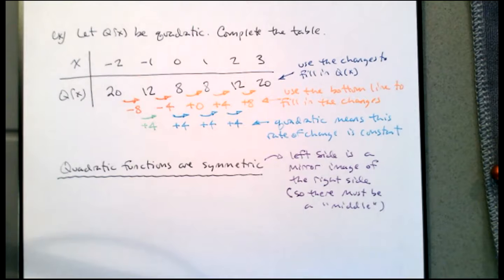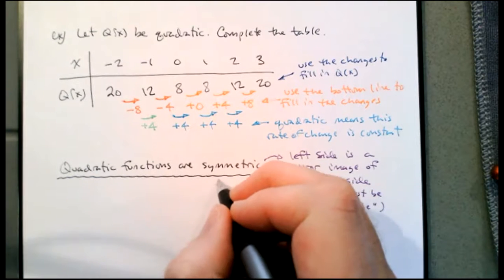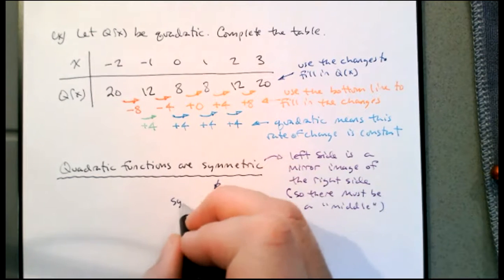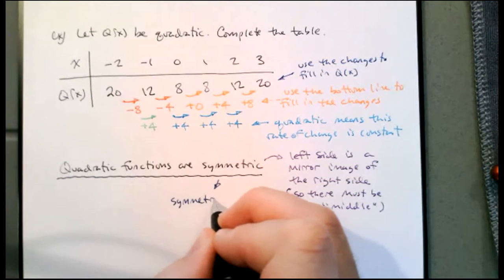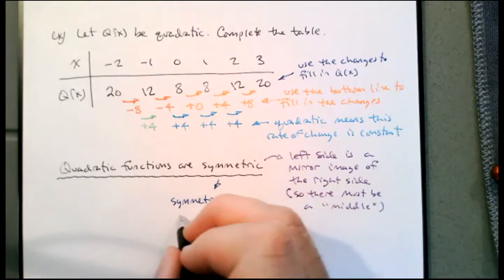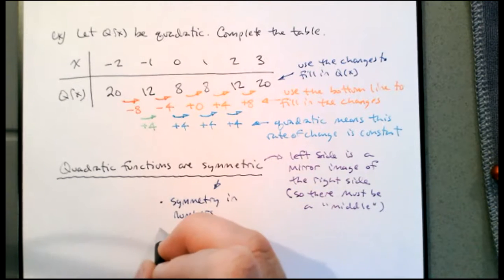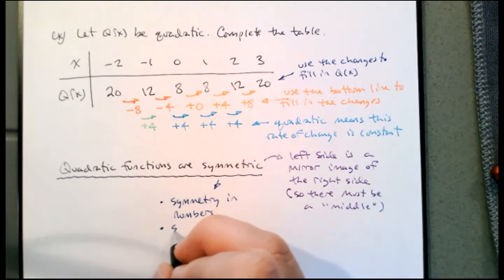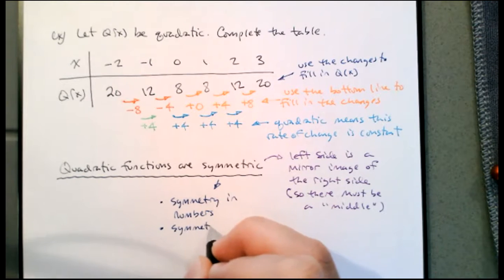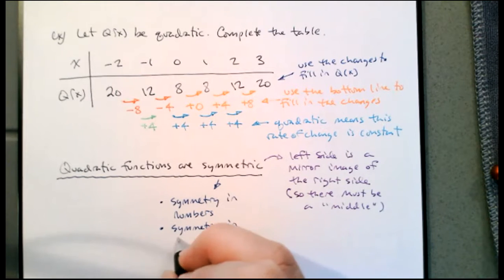So there's the symmetry in the numbers. We'll also see the symmetry in the graphs. So the symmetry will appear in the numbers, and we also want to identify the symmetry in the graph.